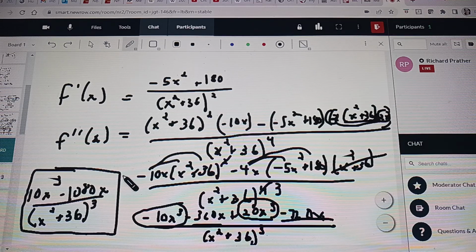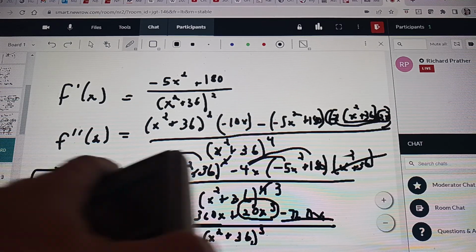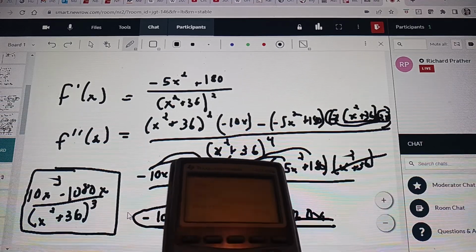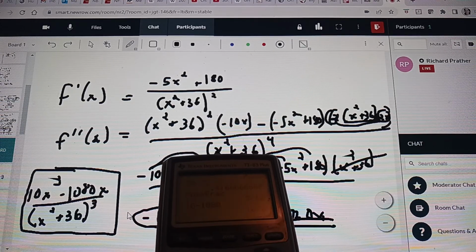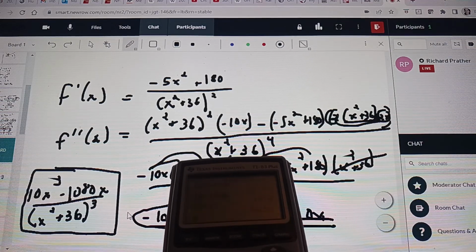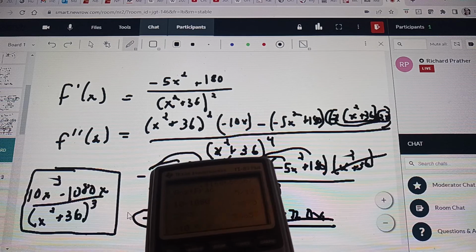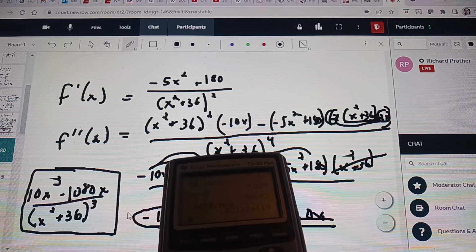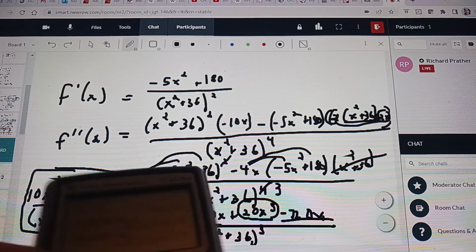At least the 1 and negative 1 would be easy because 1 cubed is 1, and x times 1 would be itself. So if I plug 1 in, I'm going to get 10 minus 1080, which is negative 1070. And the bottom's going to be 37 to the third power. So negative 1070 divided by that, it doesn't even come out nice.